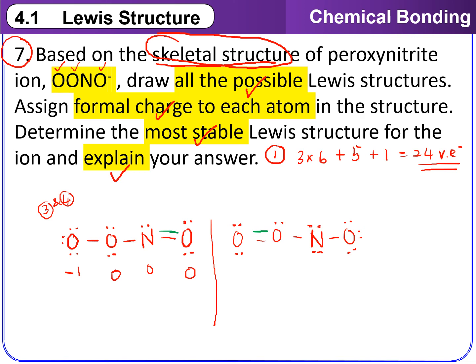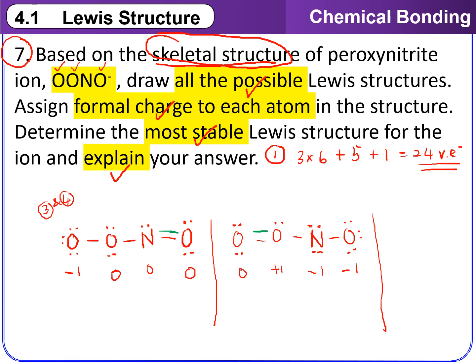In this case, the oxygen at the most left side, 6 minus 6 equal to 0. The second oxygen, 6 minus 1, 2, 3, 4, 5, positive 1. Nitrogen, 5 minus 6, negative 1. And then 6 minus 7, negative 1. So you will notice the total formal charge here is equal to -1 as well.